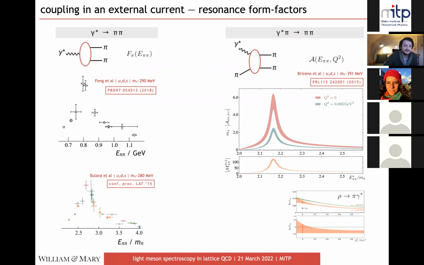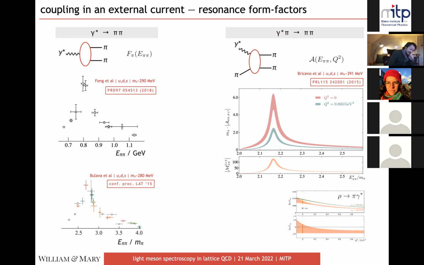One where you directly produce pi pi. So this is somewhat like what you would get in e+ e- annihilation, or a slightly more challenging case where an initial lone pion absorbs a virtual photon to produce a pi pi scattering system.